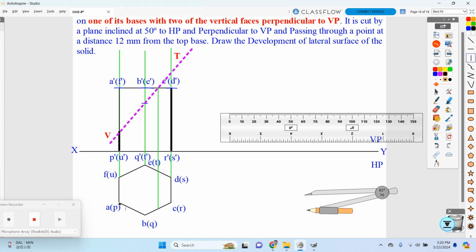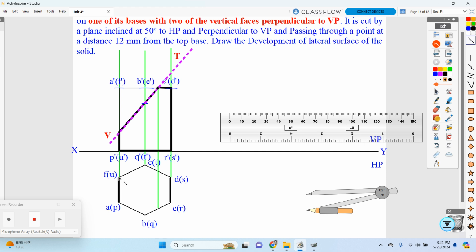Then from here to here and from here to here, followed by this one, and from this point to, sorry, from here to here, then from this point to this point.